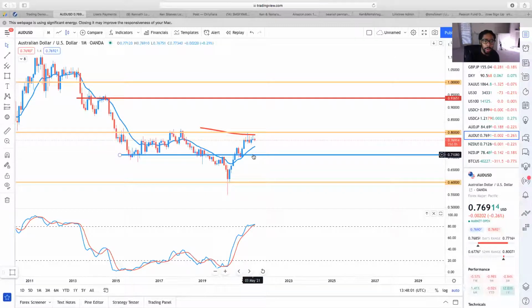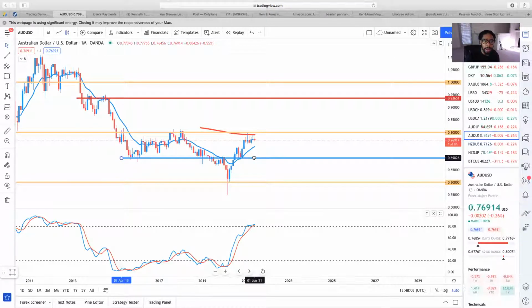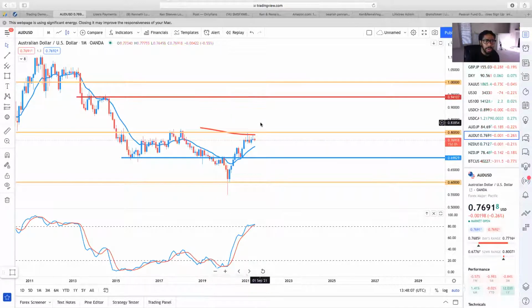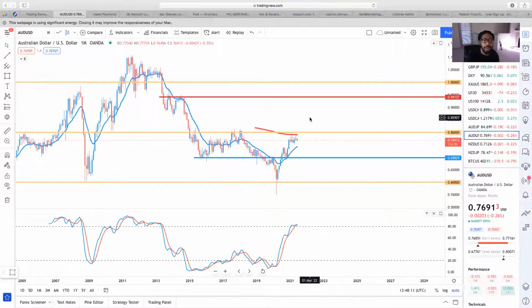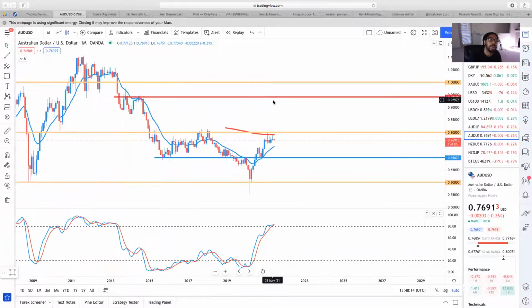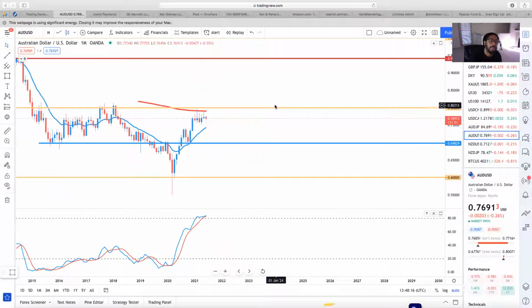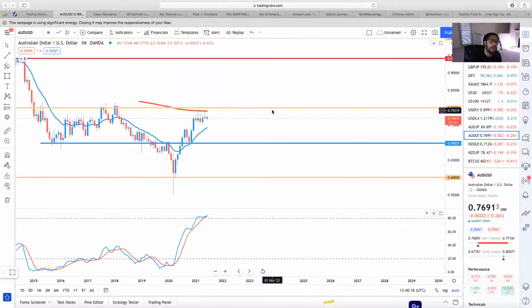So now, I guess we can use the same buy level. We can use the same sell zone as far as the monthly is concerned. But what I do want to do is draw out any type of trends that I see, guys.